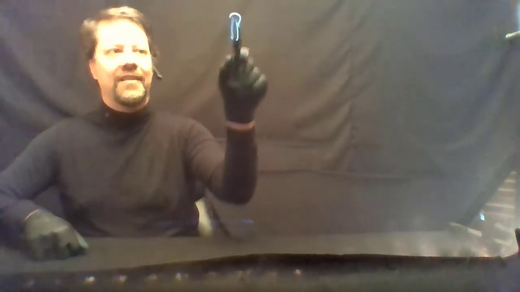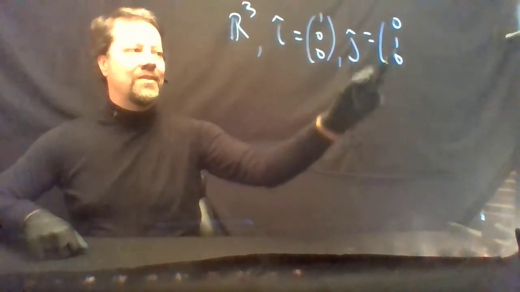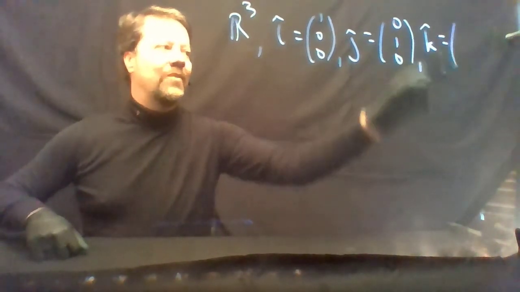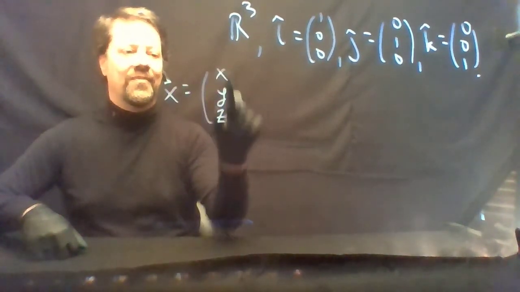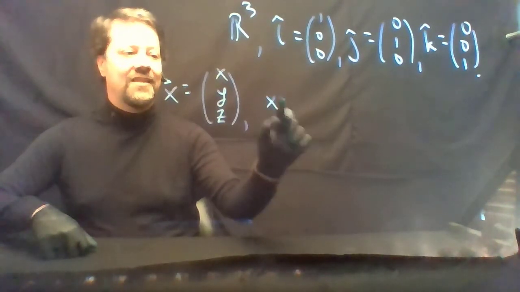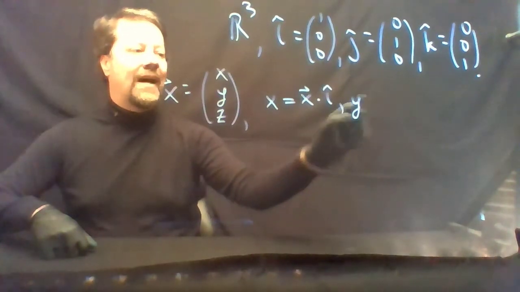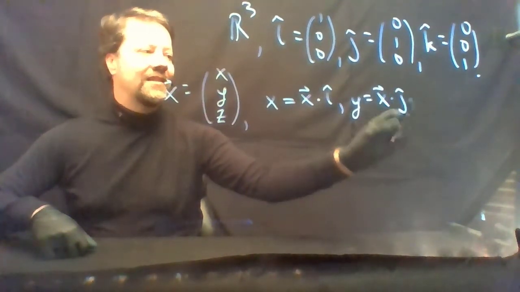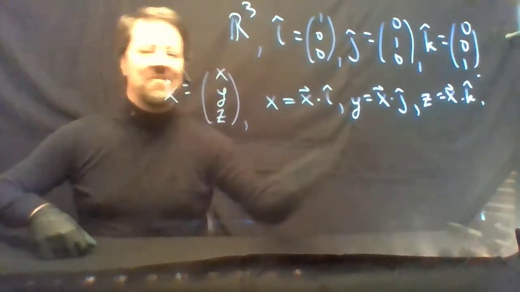Of course, the classic orthonormal basis for R3 is i, which is 1, 0, 0, j, which is 0, 1, 0, and k, which is 0, 0, 1. Notice that if I have some vector x, which has coordinates x, y, and z, then x is the Euclidean dot product of the vector with i. y is the vector dot j, and z is the vector dot k.